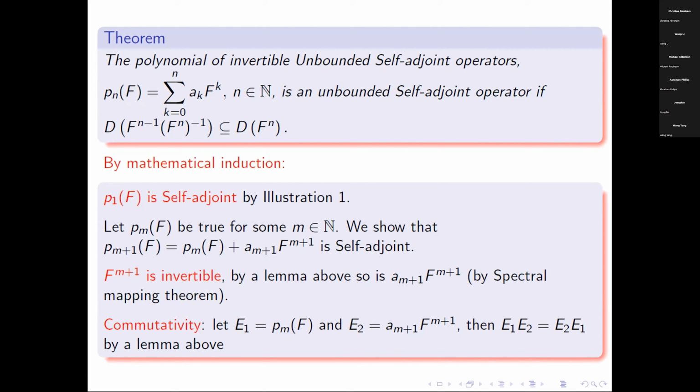And that has also been shown here: since we take the polynomial of degree m to be the operator E1, which is self-adjoint by hypothesis, then the operator E2 is also a self-adjoint operator, which is the m plus 1 term in a new polynomial of degree m plus 1.